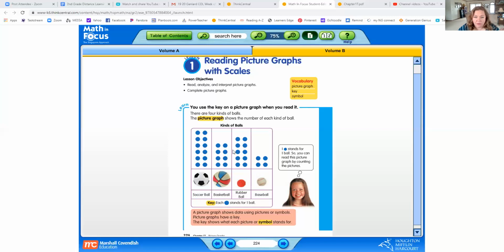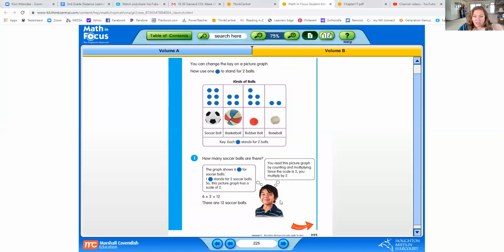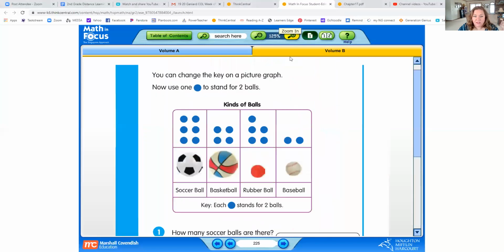We can count the blue circles and that will equal the number of balls that we have. In this basketball picture, we have 1, 2, 3, 4, 5, 6, 7, 8 blue circles. Because we have a 1-to-1 scale, we have 8 basketballs. Now, that can change on different kinds of graphs with different keys.